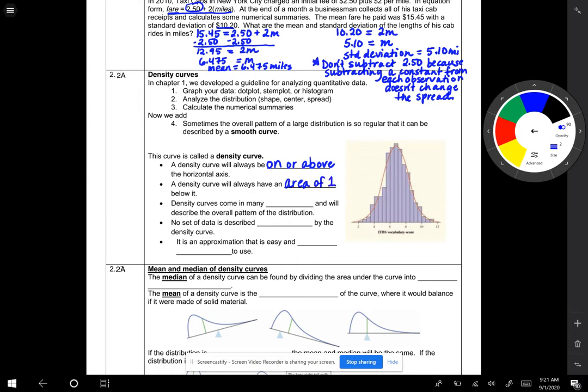Density curves come in many shapes and will describe the overall pattern of a distribution. No set of data is described exactly by the density curve. It is an approximation that is easy and accurate enough to use in statistics.